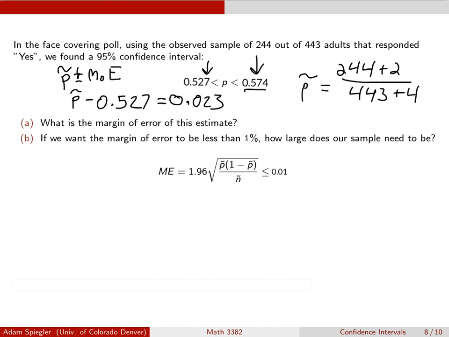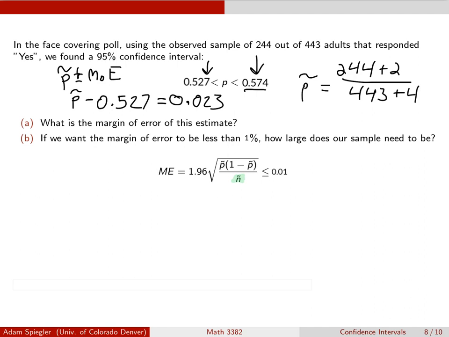So our margin of error, if we're using the Agresti-Coull confidence interval, would be 1.96 for a 95% confidence interval times the standard error of the sampling distribution that we're estimating with this p tilde estimator. And so here, what I want to solve for is the unknown n tilde, and then I want to convert that to an actual sample size n.